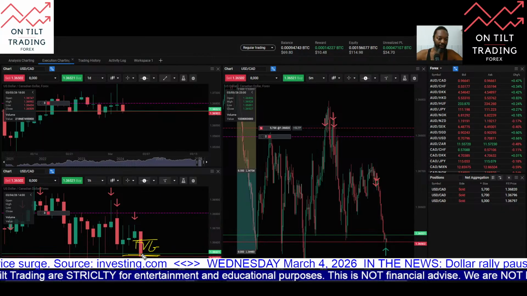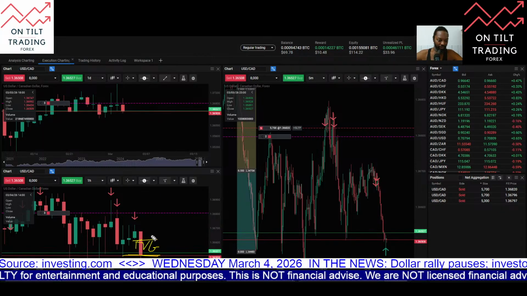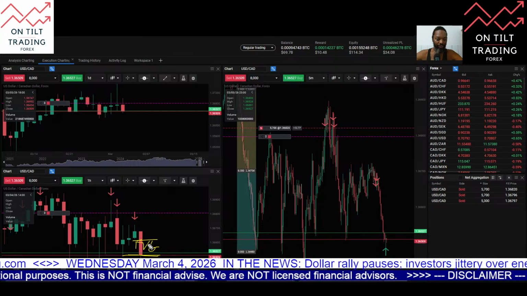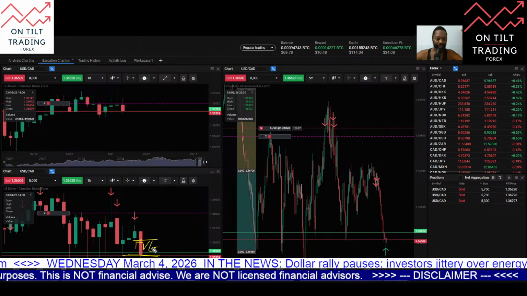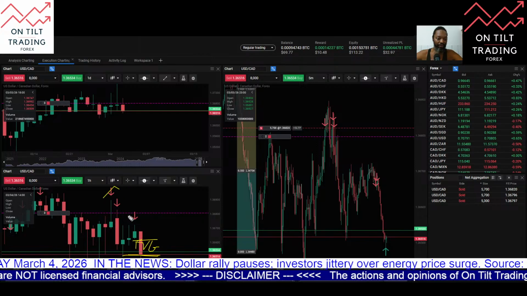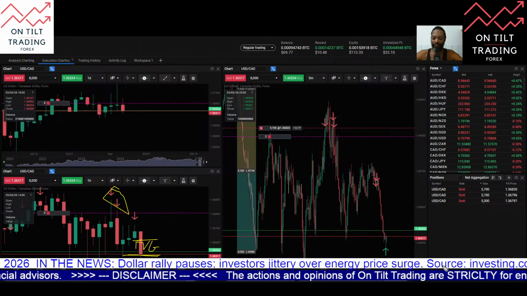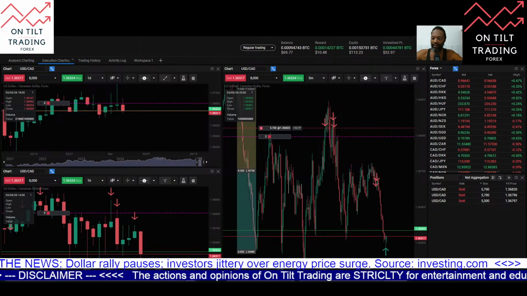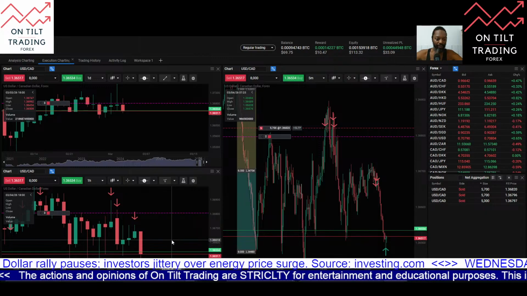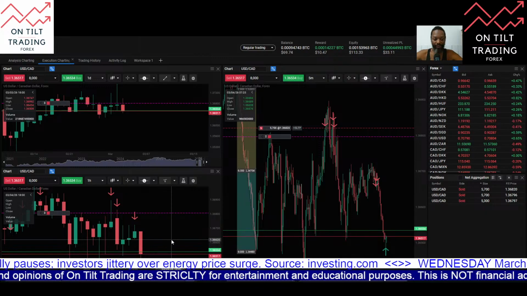And then I would look for potentially another opportunity to add in if price pulls back, but wouldn't anticipate price coming back to my original entries. But I'll watch price action here and see what it does.